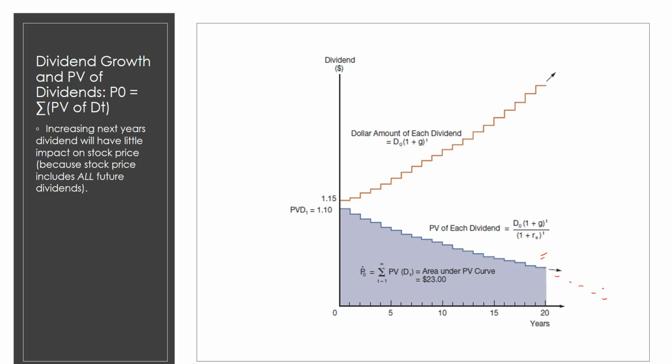So all of these future dividends out in the real far future are going to have tiny, tiny impacts on today's stock price. 70% of the value is attributable to the first 25 years, 91% to the first 50 years. So those dividends 200 years from now, not really impacting today's share price all that much.